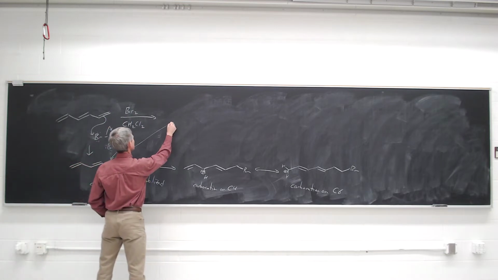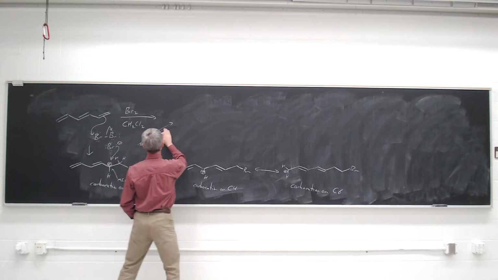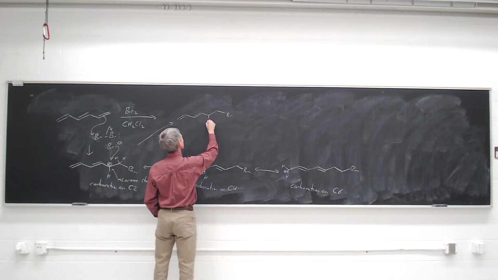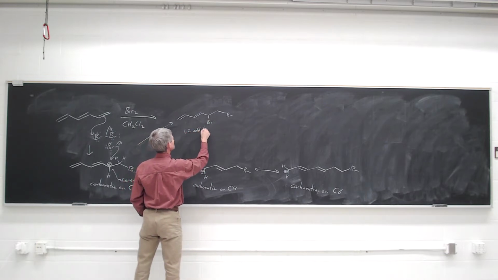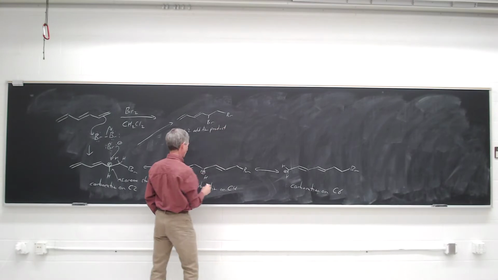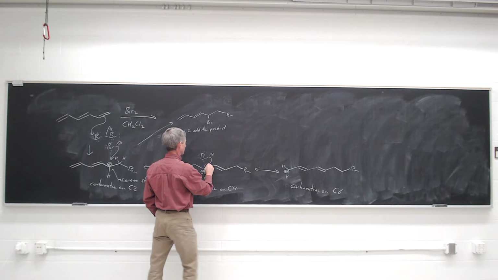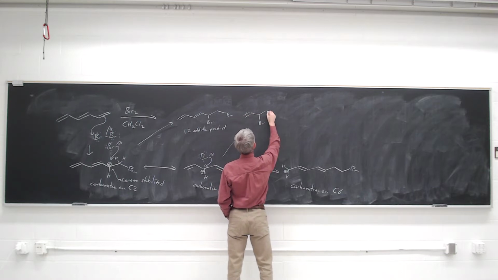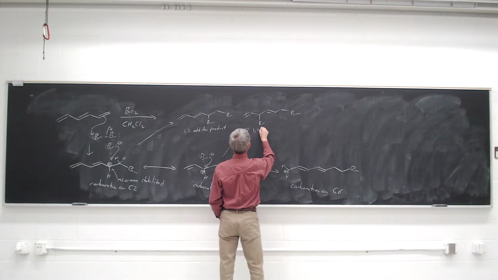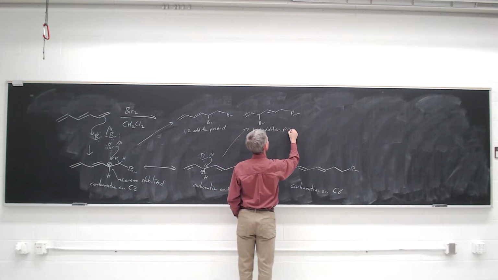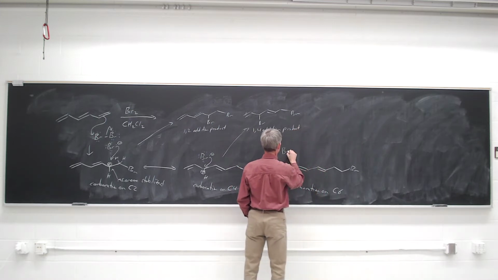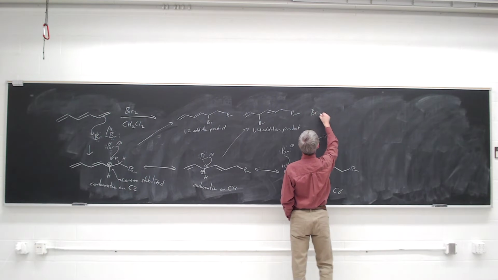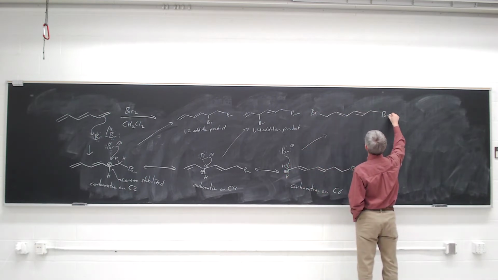And we should be able to get, as product, the 1,2 addition product, or the 1,4 addition product, or, if bromide attacks on the end, we should be able to get a 1,6 addition product.